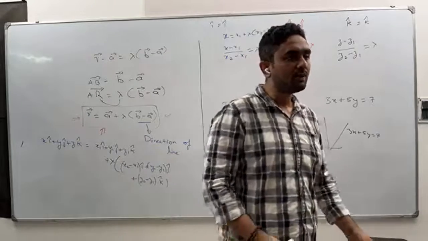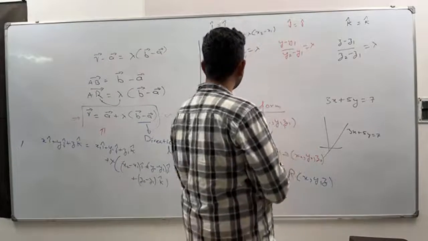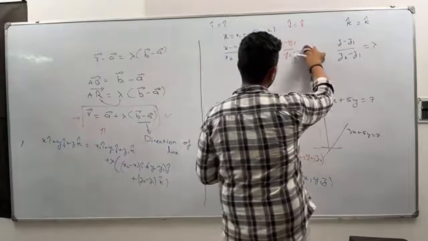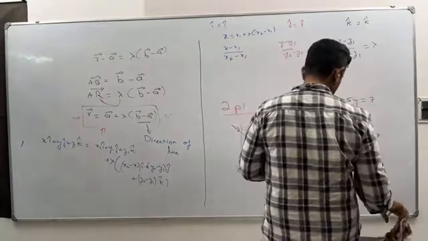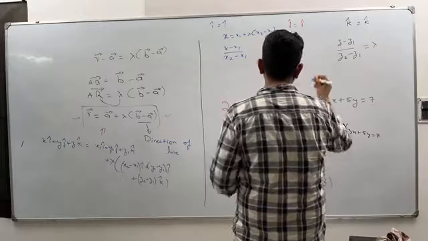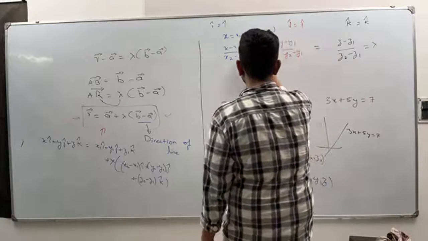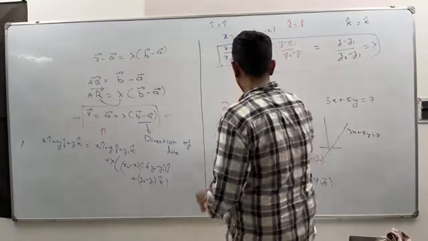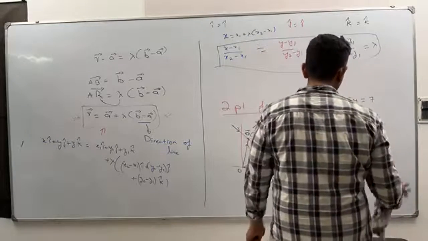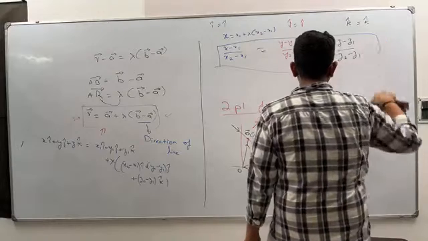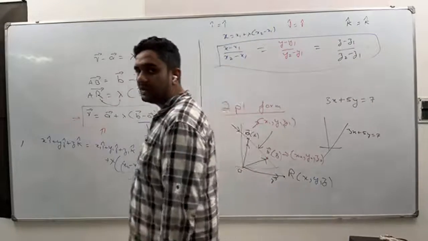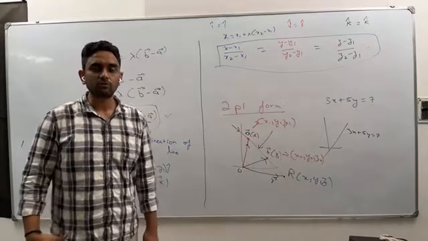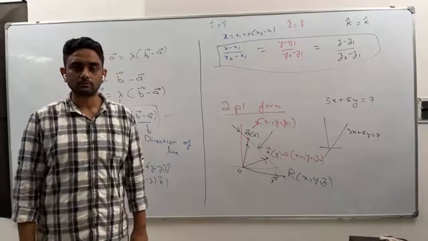So if all of them are equal to lambda, we can directly equate them. So we'll say equal to this, and this will be the equation of the line passing through two points, x1, y1, z1 and x2, y2, z2.